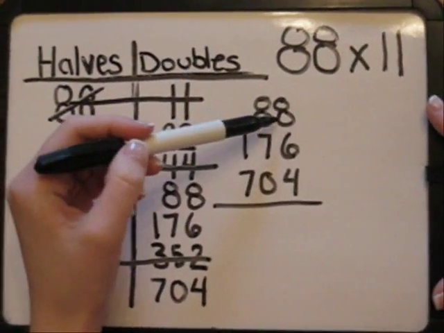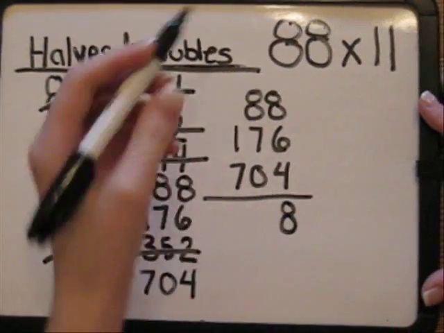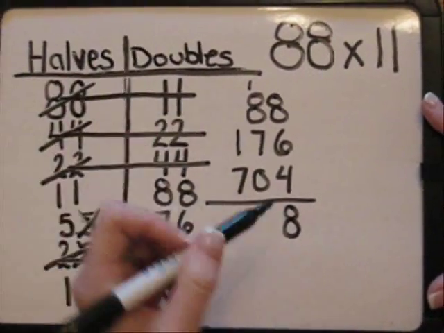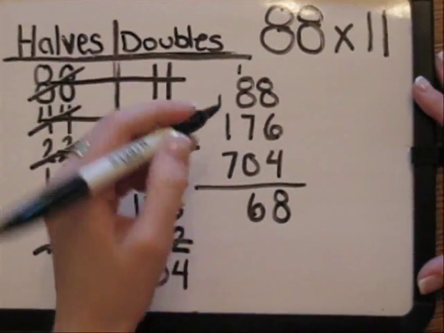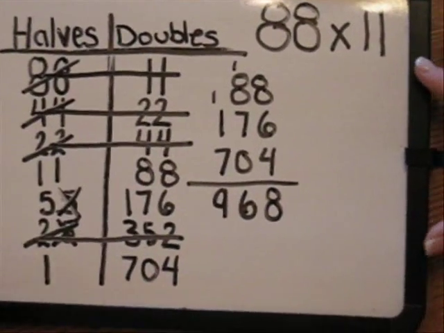So this is going to give me 8 and 6, 14, and 4 is 18, carrying over the 1, and that gives me 9, 16, carry over the 1, and 2 and 7 is 968. So that's the answer we got from there.